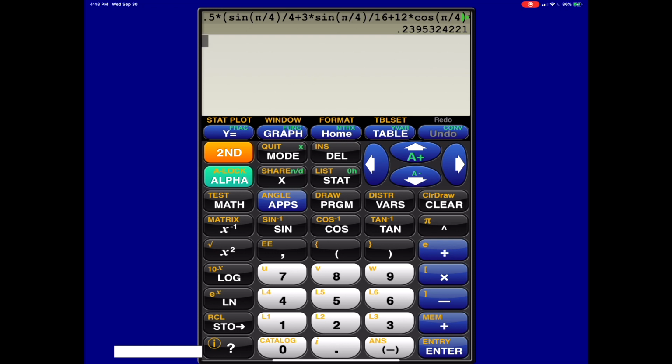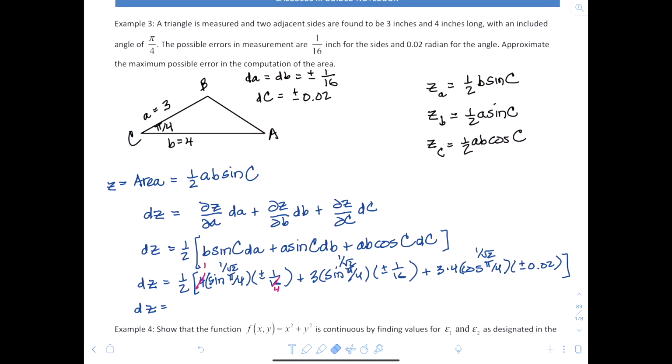We get 0.239, so that'll be 0.240, and that would be plus or minus. It's approximate. And that would be in inches squared, because that's the possible error in the propagated area, okay? All right, so that ties up that problem.